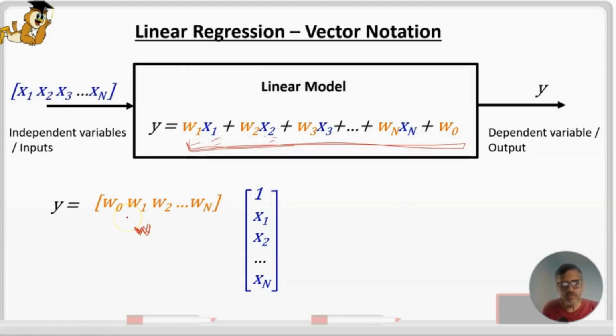This is the vector W of weights, and this is the vector of independent variables or inputs. The first value here is going to be 1 because W0 gets multiplied by 1, and if you remember how vector multiplication works, this is essentially W0 plus W1 into X1 plus W2 into X2 plus Wn into Xn. So you understand the vector notation.